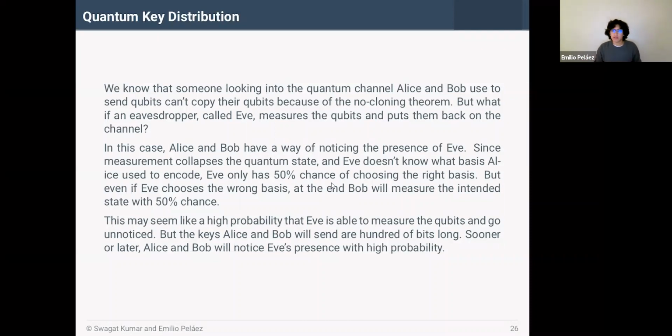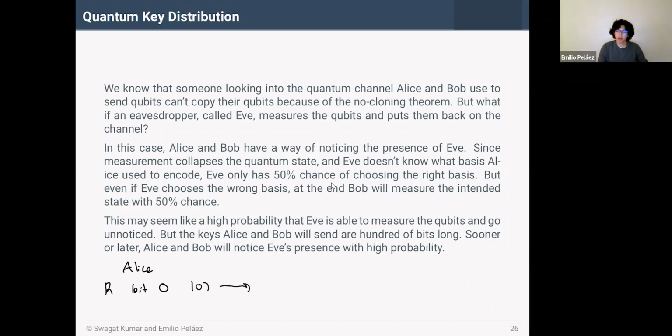But again, the keys that Alice and Bob will send are hundreds of bits long. So in some bit where Eve was able to eavesdrop, there's going to be something that tells Alice and Bob that there's an eavesdropper. So let's just do an example. Alice chooses the rectangular basis, bit 0, and sends it, okay?